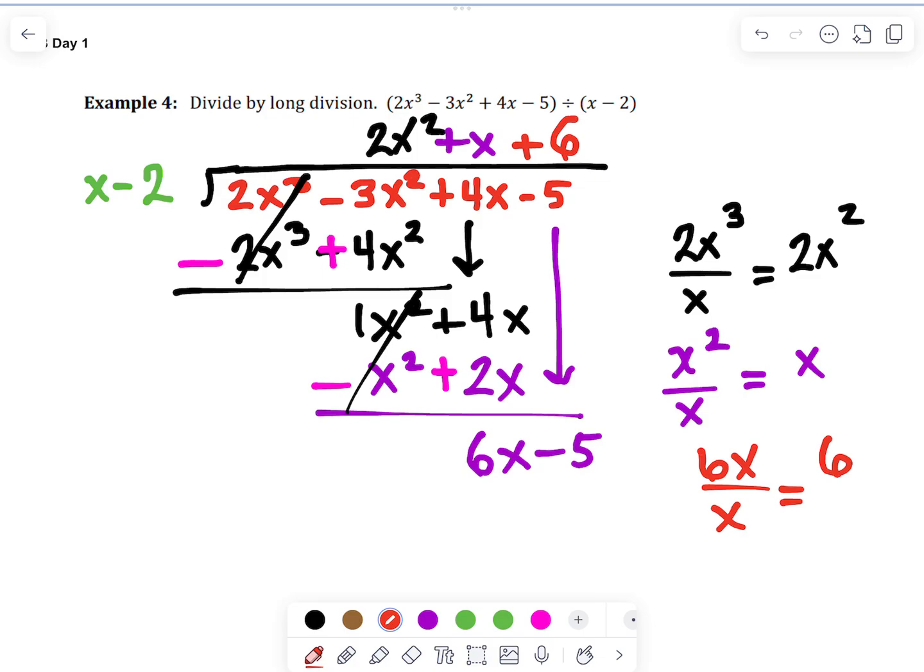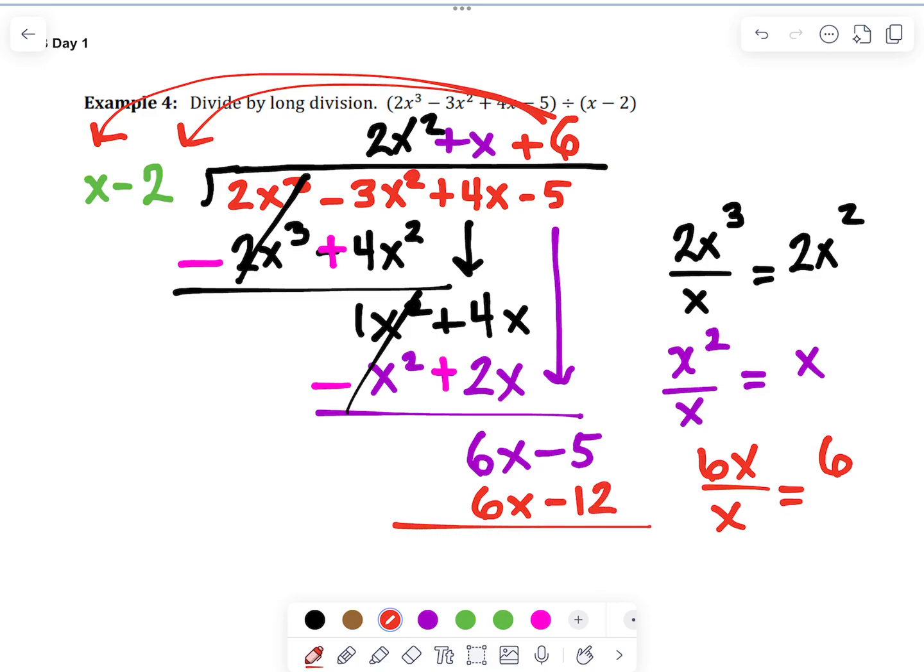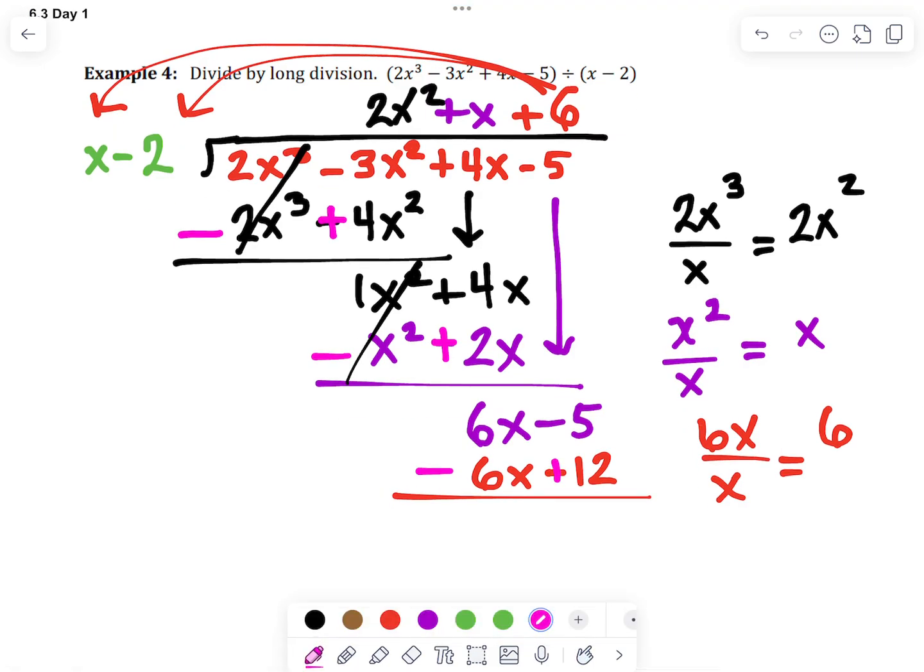Now we multiply the red 6 to the green term. So 6 times x, 6x. 6 times -2, -12. Now we subtract all the way through. What happens is the first terms cancel.